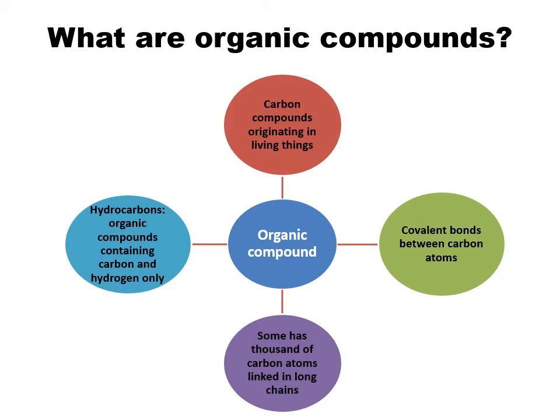Organic compounds originate from living things, and usually they have covalent bonds between the carbon atoms, and some of the thousands of carbon atoms are linked in long chains. And we have also already seen the definition of hydrocarbons. A hydrocarbon is an organic compound that contains carbon and hydrogen only.